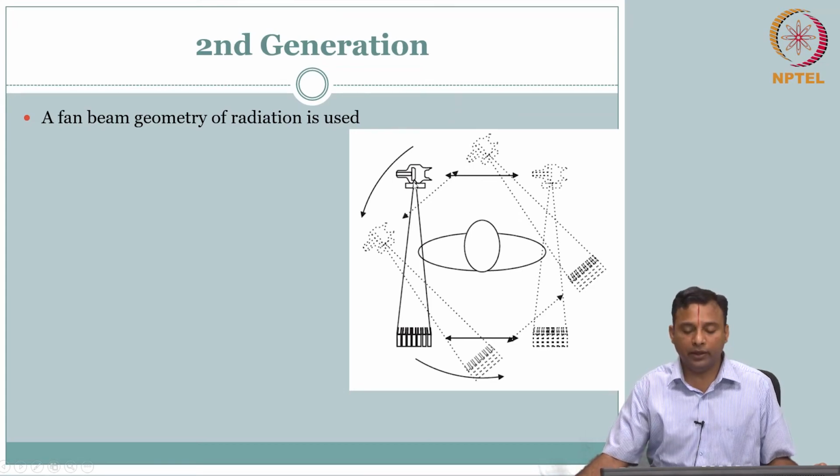It is not complete, but it is wider than the narrow pencil beam. So this is already diverging, but then you had more detectors, so in one go you could get multiple lines. Few different angles you already pick from one location. So now maybe I could take better rotation steps, right.